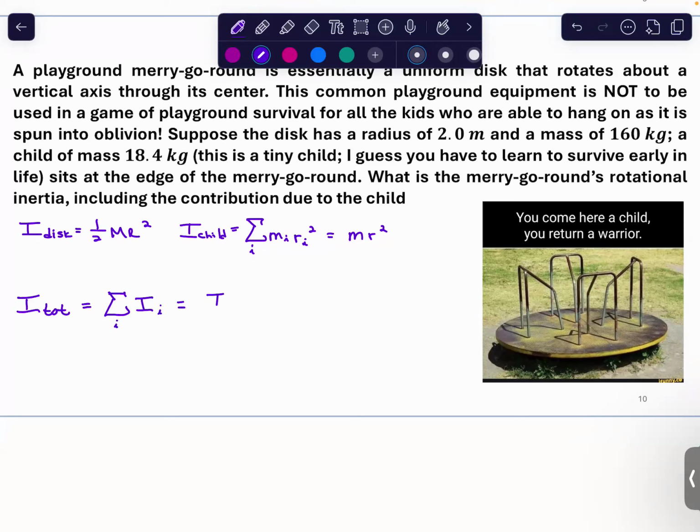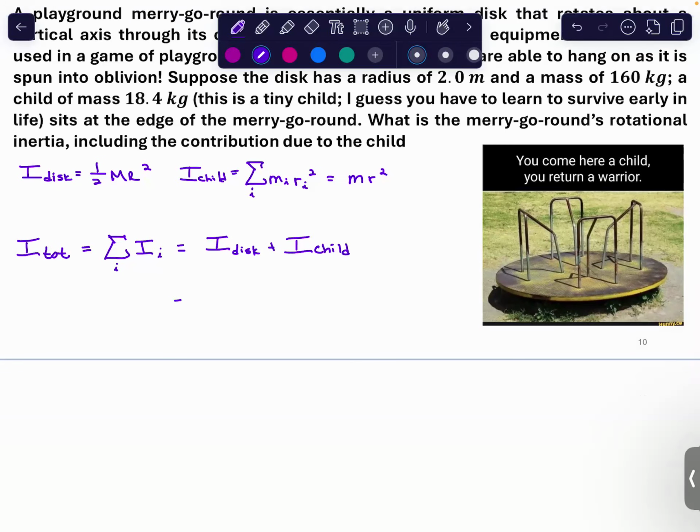And so that's going to give us the moment of inertia of the disk plus the inertia of the child. This is going to be 1/2 m r squared plus m r squared. Again, the radius r, whether it's capital or lowercase, is just the radius of the merry-go-round.